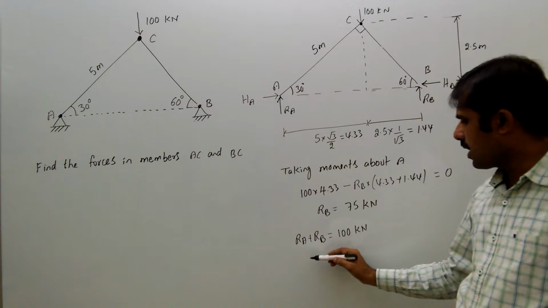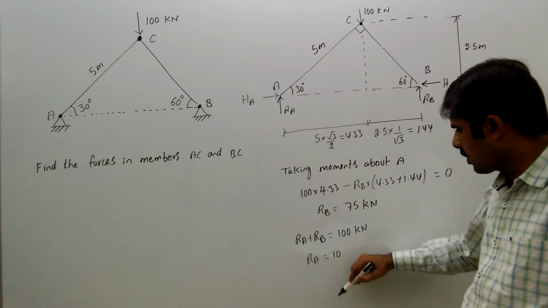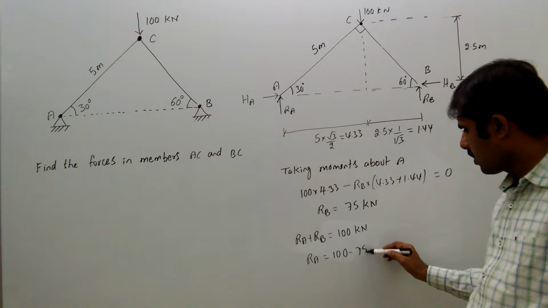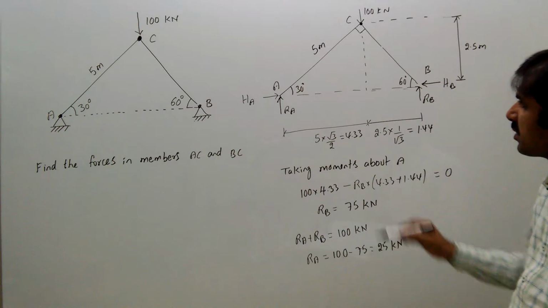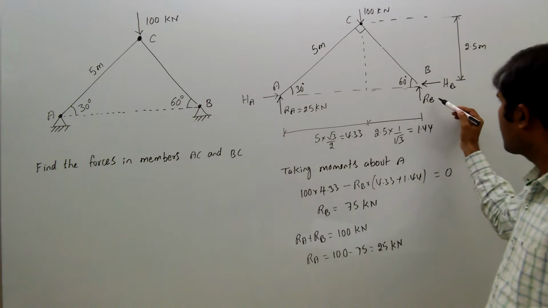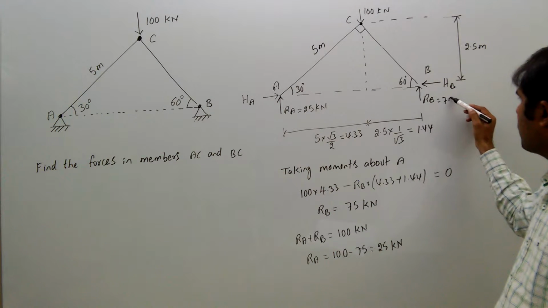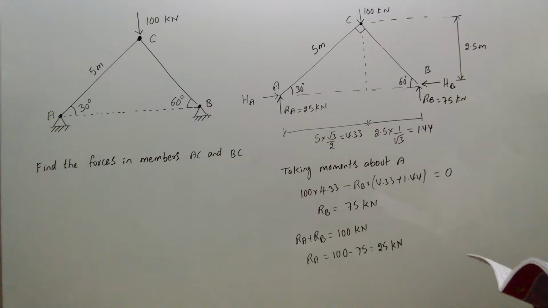Therefore RA equal to 100 minus 75, that is 25 kilonewtons. So RA equal to 25 kilonewtons and RB equal to 75 kilonewtons.